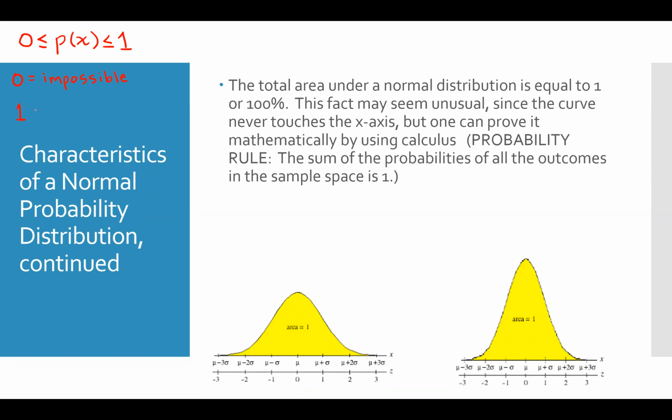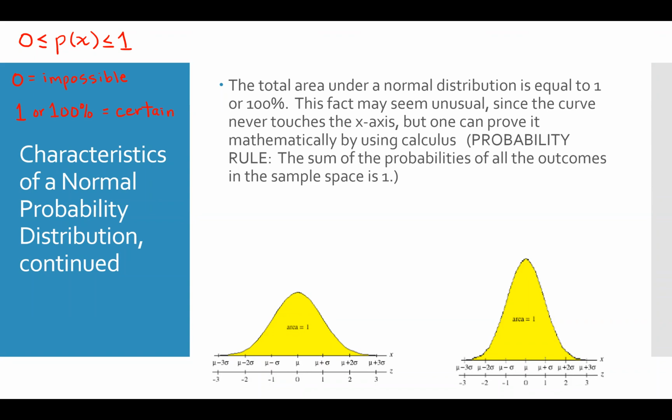Probability of 1 or 100% means the event is certain, that it is going to occur regardless of what you do. There's nothing you can do to stop it.